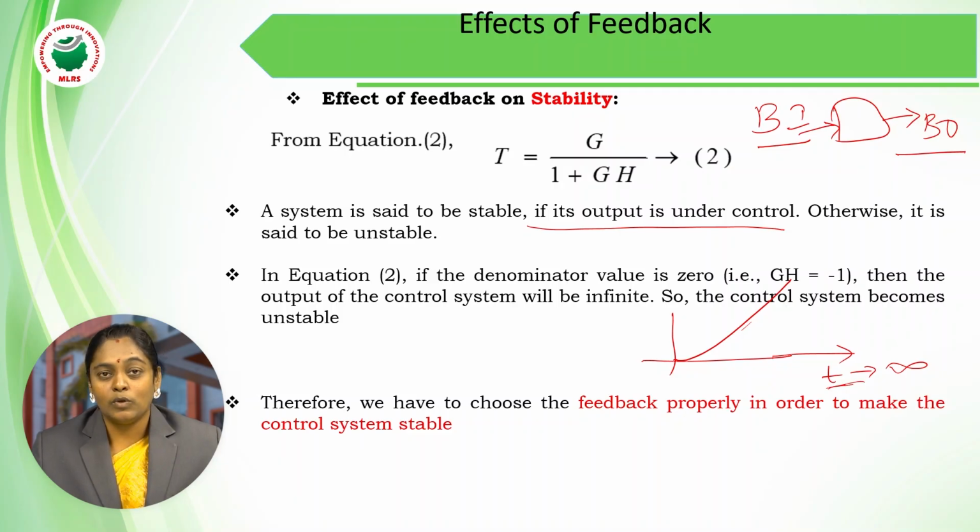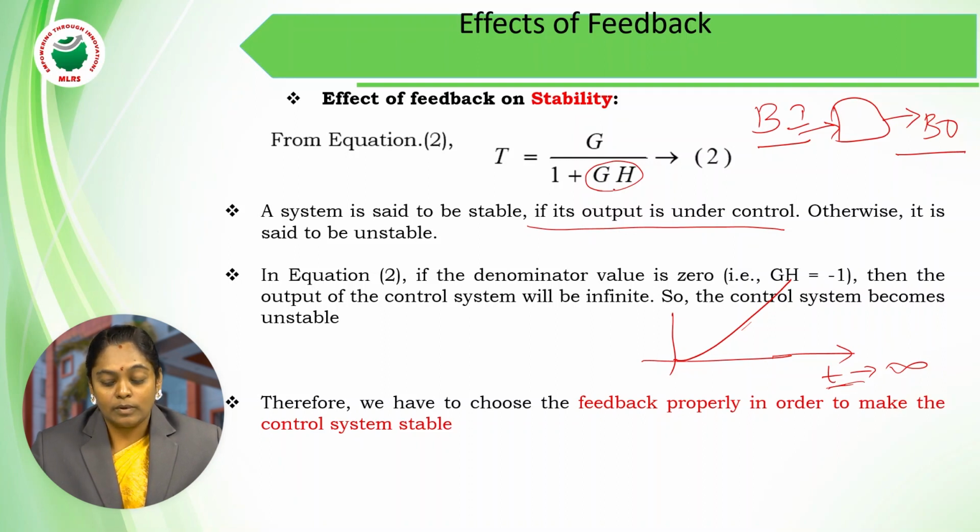If we are unable to measure the output of a system, then it is called an unstable system. The same thing applies in all three cases. We take the simple transfer function of a negative feedback system, G by 1 plus GH. Now, if GH is equivalent to -1, can I say the denominator is going to be 0?